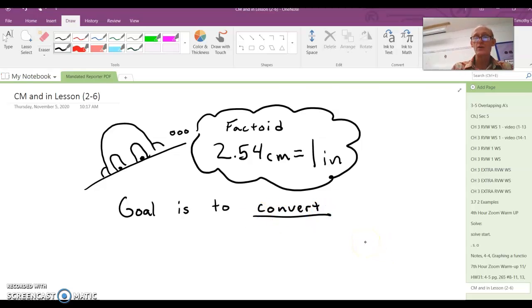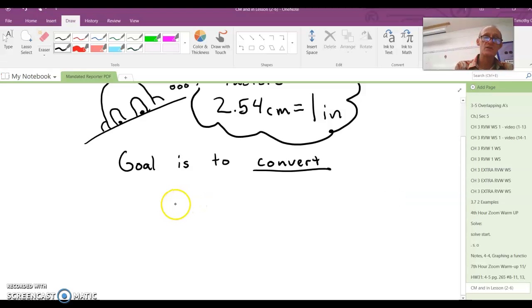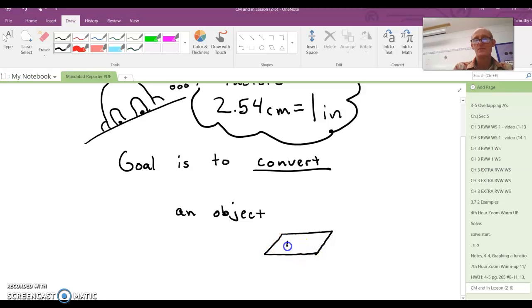What you want to do to convert is take an object, like a desk. So this is a desk, and you measure the desk and you get 32 inches.